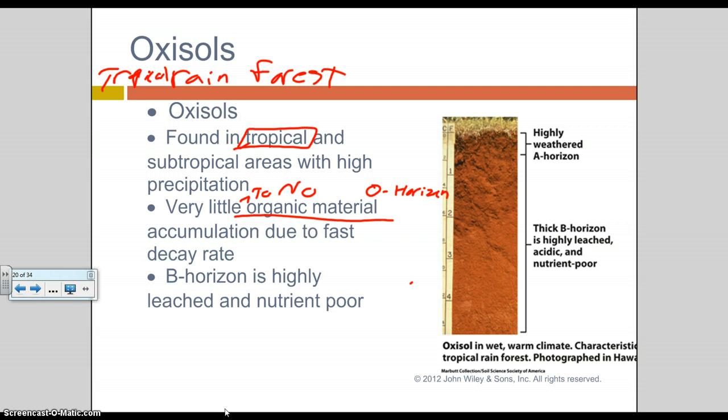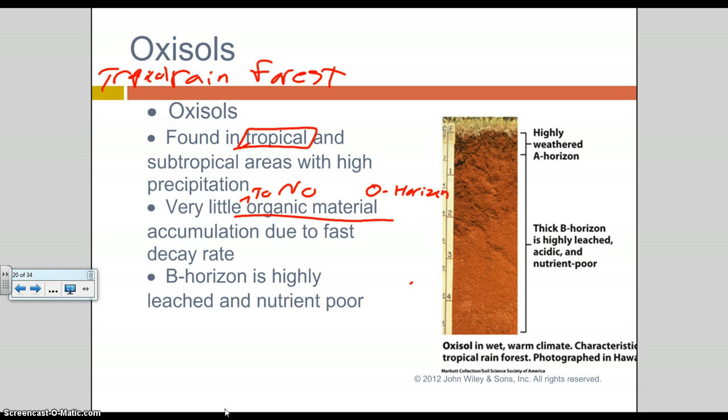There are millions of different types of insects and scavengers and other organisms looking for any minute amount of organic material they can get, because there's such a diverse amount of species in tropical rainforests, and they're just thick with organisms.